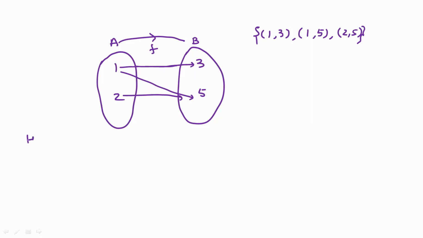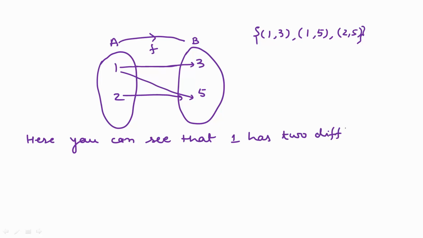Here you can see that 1 has two different images, that is f(1) = 3 and f(1) = 5.